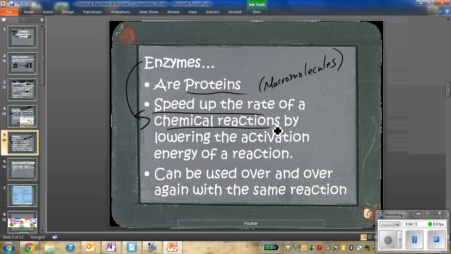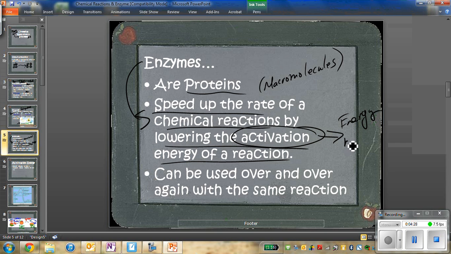They're making it easier to get the reaction going. So what an enzyme will do is lower what's called the activation energy, and the activation energy is the energy needed to start. We'll get an example of that in a second.